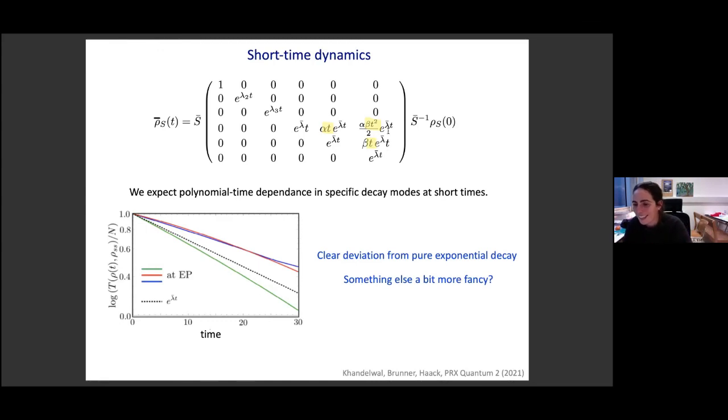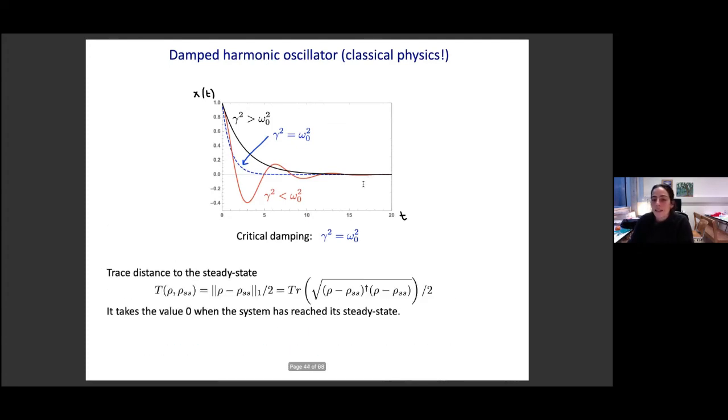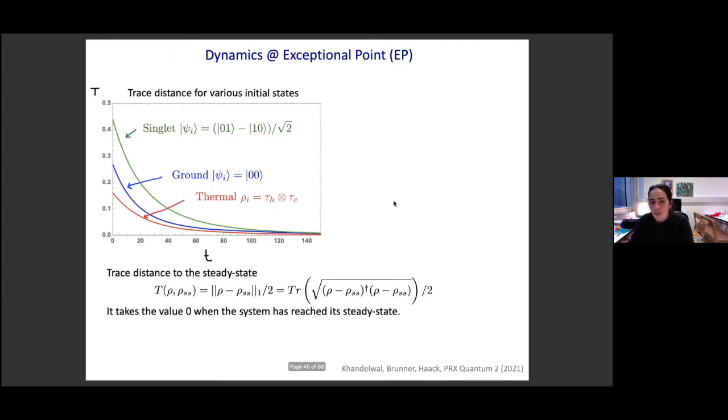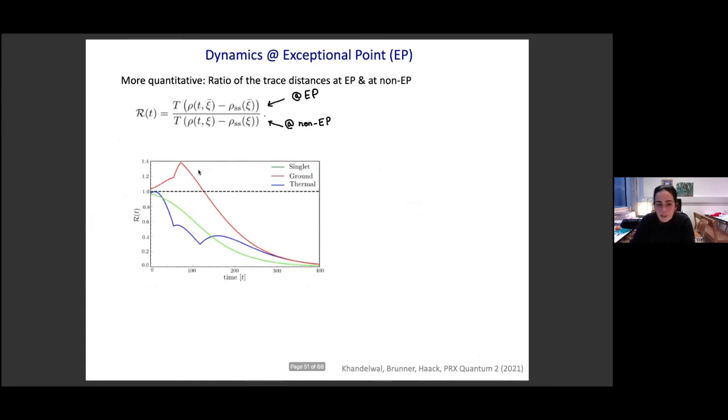It's completely artificial. And the signature of critical damping does not depend on the initial state. Of course, the exact dynamics will depend on the initial state, but for all of them, you will see critical damping.